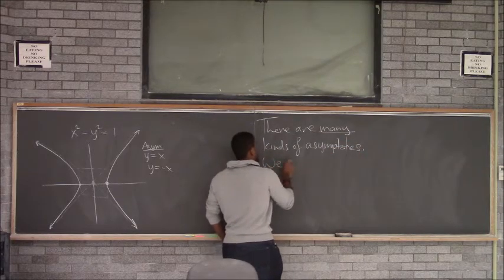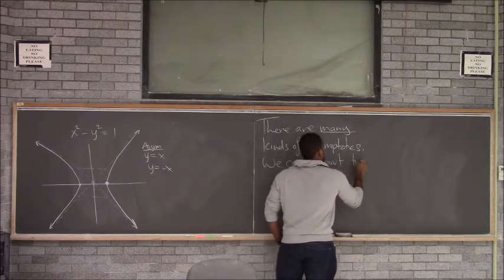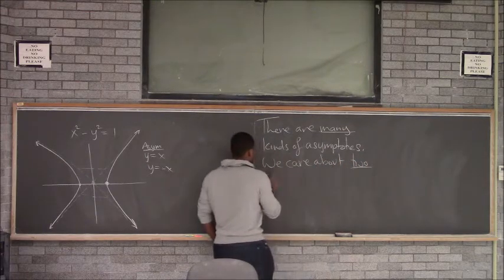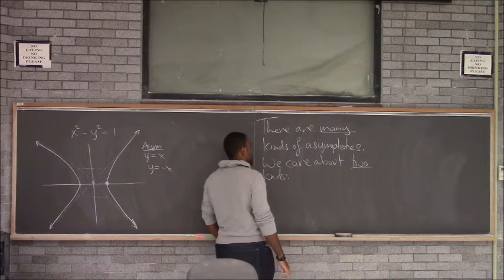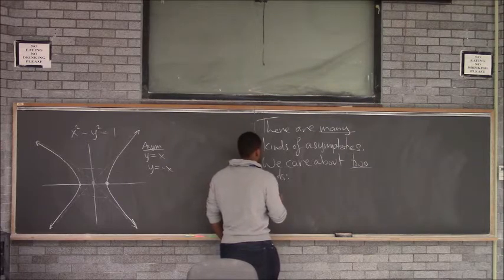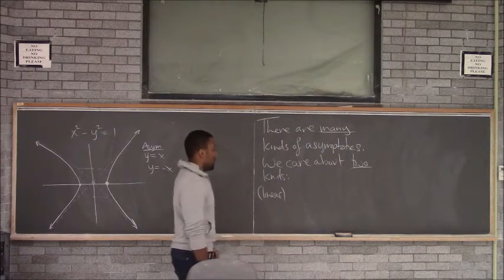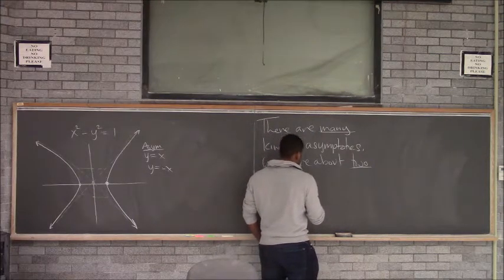We care about two kinds. They are going to be linear, so these are asymptotes that look like a straight line, and they are going to be of the horizontal and vertical variety.